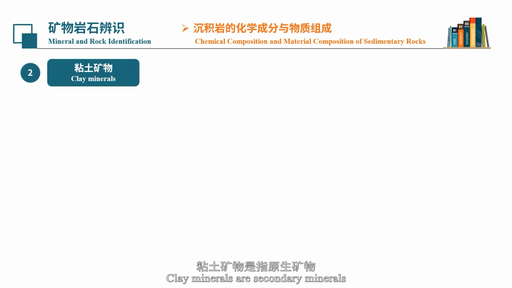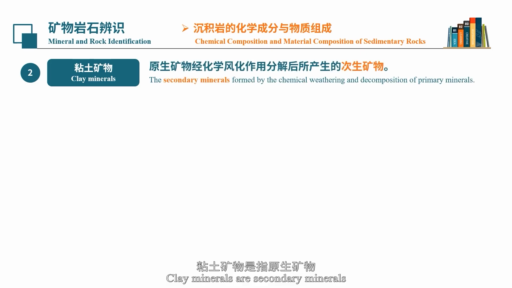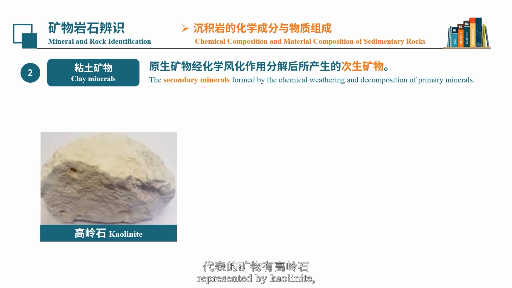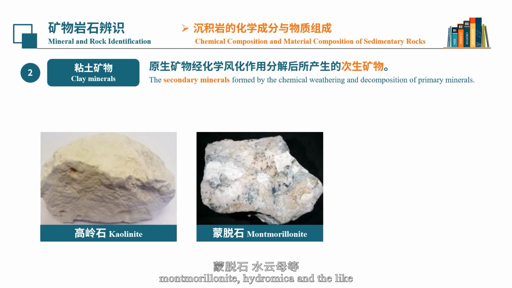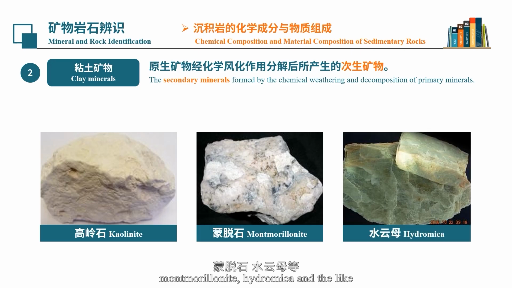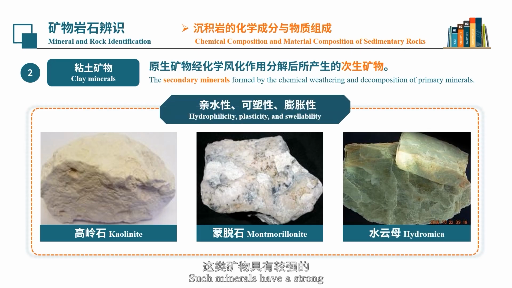Clay minerals. Clay minerals are secondary minerals formed by the chemical weathering and decomposition of primary minerals, represented by kaolinite, montmorillonite, hydromica, and the like. Such minerals have strong hydrophilicity, plasticity, and swellability.